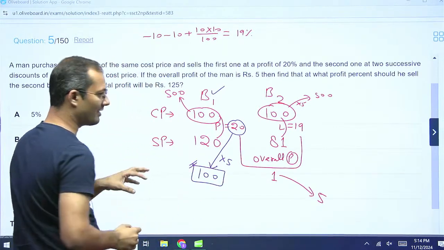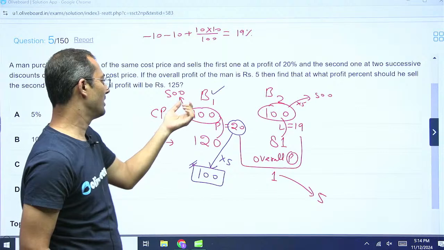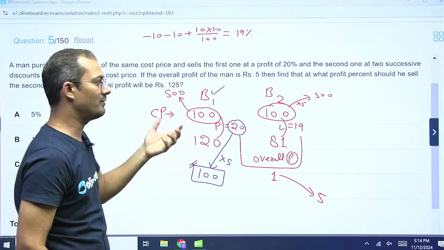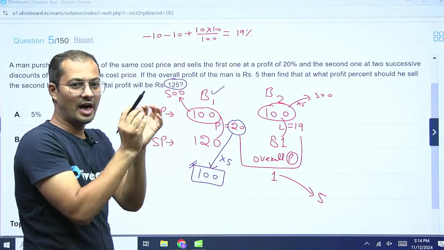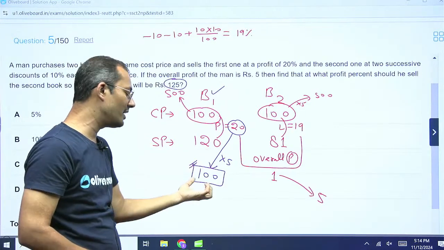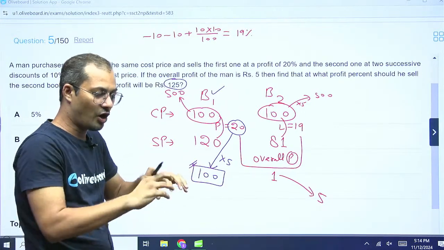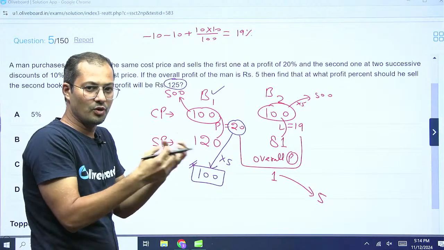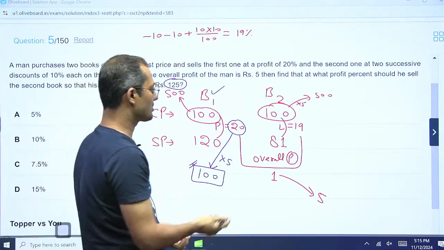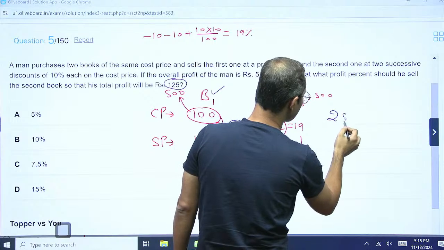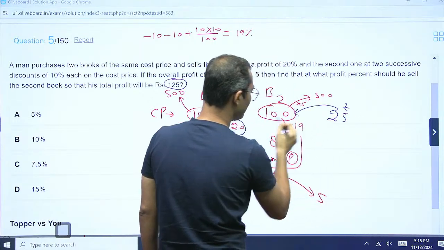So we get 100 rupees profit just by selling the B1 book, right? Now we want to earn a total profit of 125. Out of 125, we have already earned 100 rupees. So how much more do we need to earn? We need 25 rupees more, right? So at what, 500, right?